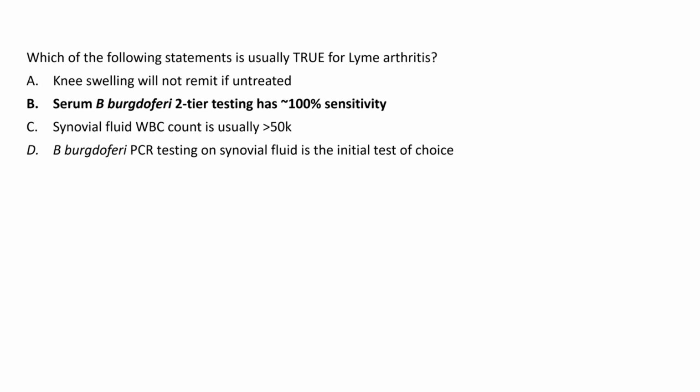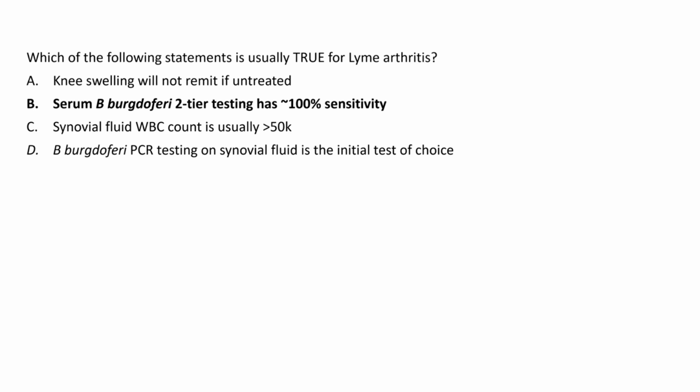Why do you think that would be with Borrelia arthritis? Why would it approach 100%? Any thoughts on why the two-tier testing would be that good? Okay, so two-tier testing basically is you do the ELISA for Lyme antibodies, and then you do a confirmatory Western blot or immunoblot for IgG and IgM to Borrelia.